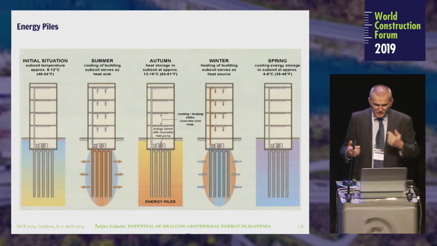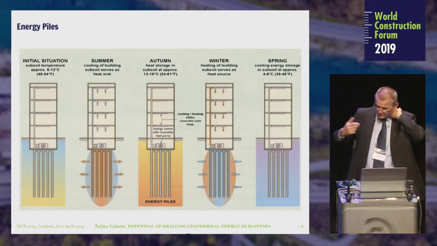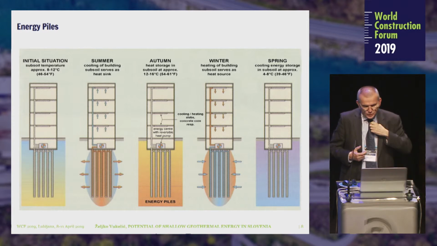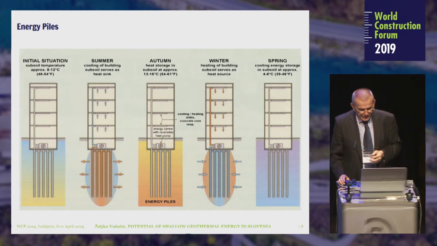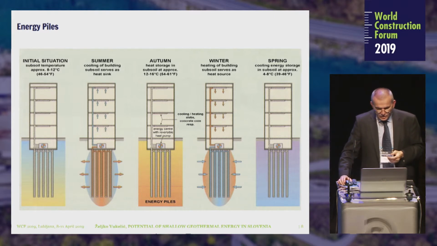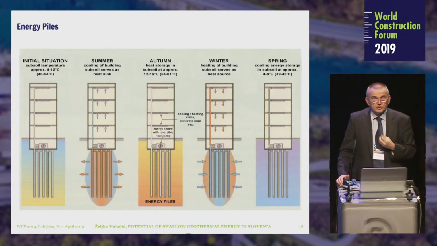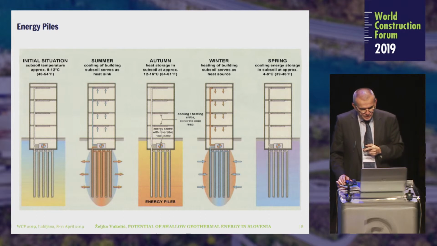Another possibility is, of course, in other geotechnical constructions, you can put the pipes for a closed loop system, that is energy piles. With these energy piles, it is very important that you use a reversible heat pump.